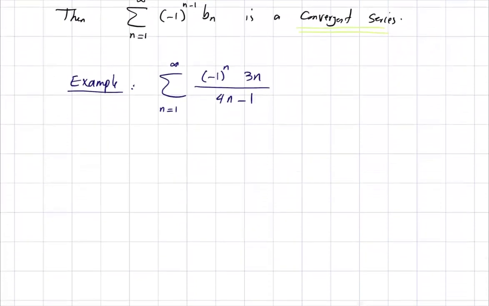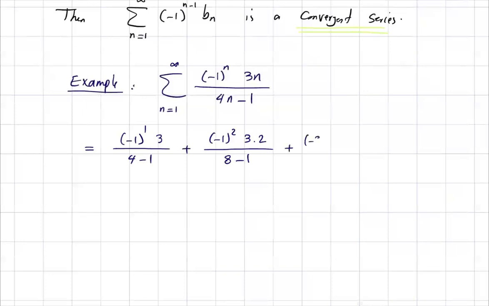In general, if you list some of the terms of this series, it can be written as (-1)^1 times 3 divided by (4 minus 1), plus (-1)^2 times 3 times 2 divided by (8 minus 1), plus (-1)^3 times 3 times 3 divided by (12 minus 1), plus the rest of the terms.